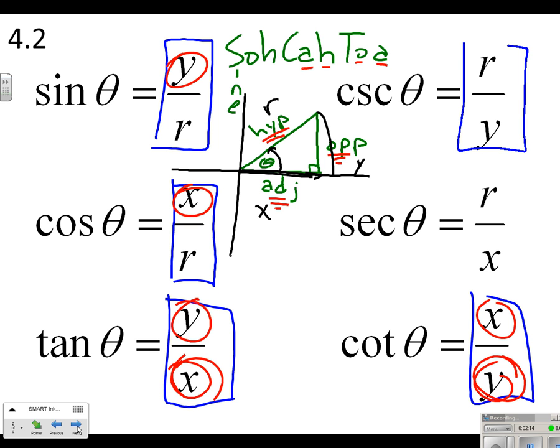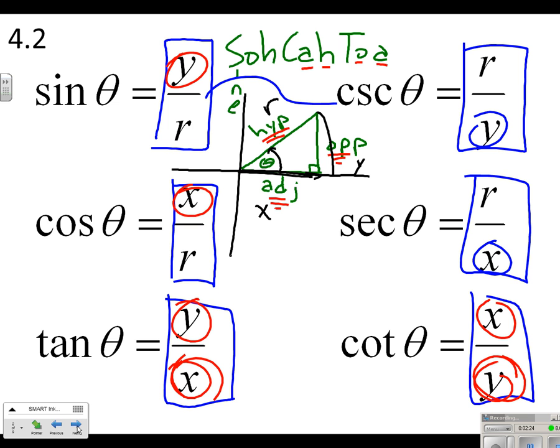Cosecant is r on y, and secant is its cofunction, so what was a y becomes an x. You may also notice sine is the reciprocal of cosecant, cosine is the reciprocal of secant, and tangent is the reciprocal of cotangent. So we want to start thinking in terms of x's, y's, and r's.